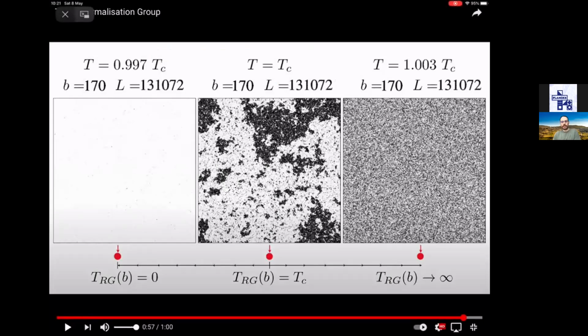Okay, so let me just comment on what we saw. Many of you probably already saw this picture, but I guess for the newcomers, let me just explain the basic physics that we just observed. Okay? So let's first look on the left, like the order we saw. So that's temperature slightly below the critical temperature. So as you zoom out, you start to see, so let's say white is spins up, that most of the spins are actually up.